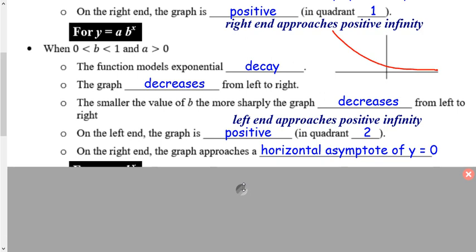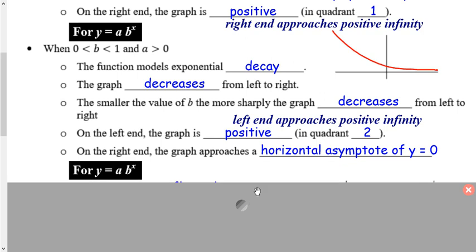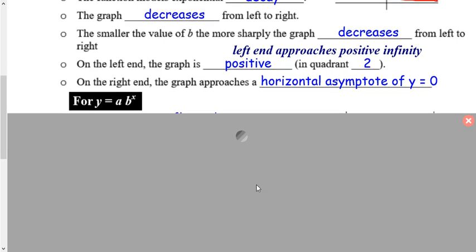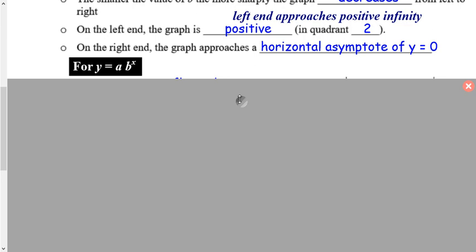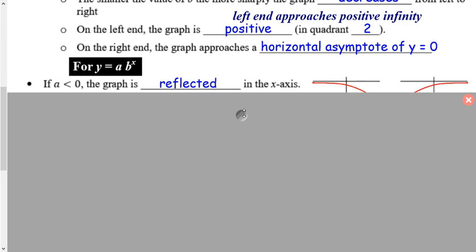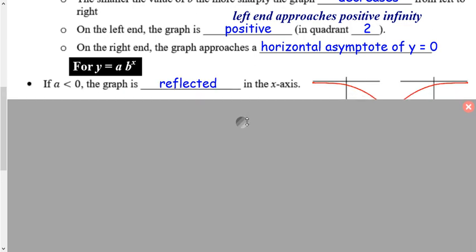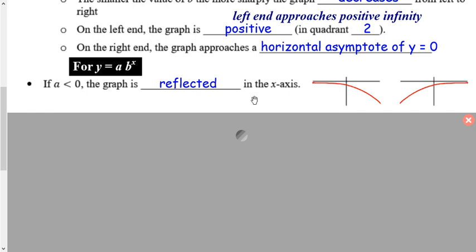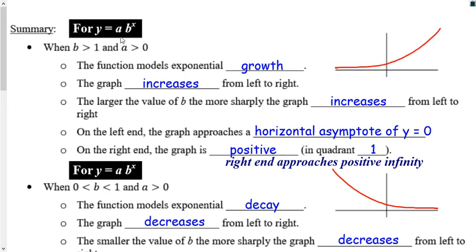Let's look at one more situation. Suppose the a was negative. In this case, we'd say the graph is reflected in the x-axis. So initially, up here, if a was positive, my graph increased from left to right.